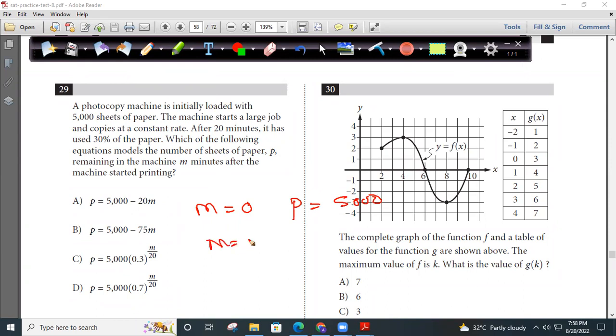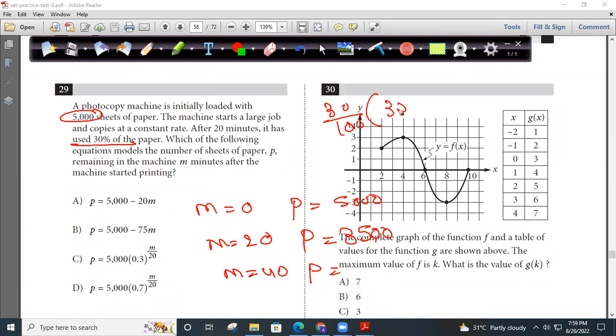When m is equal to 20, if 30% have been used, 30% of 5,000 is 1,500, so 3,500 remain. When m is equal to 40, again 30% has been used. So find 30% of 3,500. 3 into 35 is 1050. So 3,500 minus 1050 is 2,450.